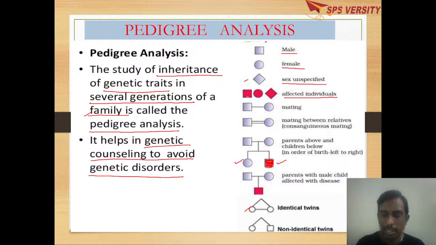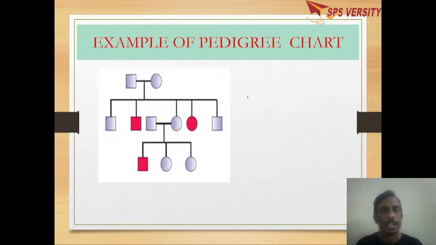Whenever you take a family, you can see the picture here very carefully. In this picture, these are the parents, the parental generation. If you study this pedigree chart carefully, these parents have 3 sons and 2 daughters.